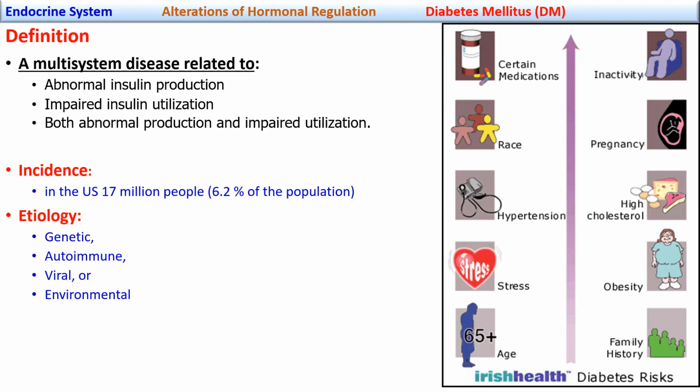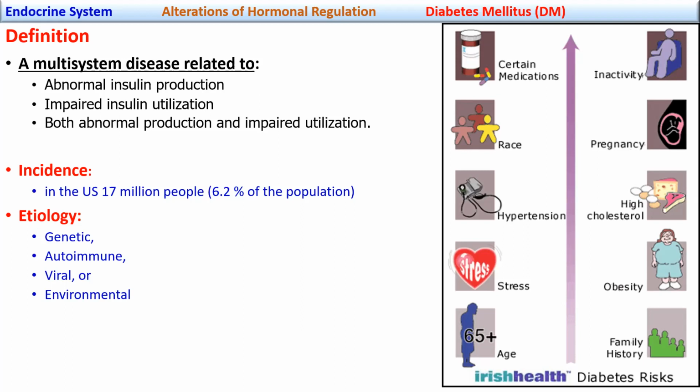Sometimes it's both. The patient will develop diabetes because of the inability to produce enough insulin, or none, in addition to the inability of the cells to utilize insulin. It can be either one factor or both factors combined.